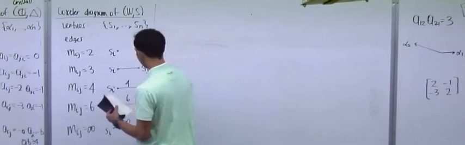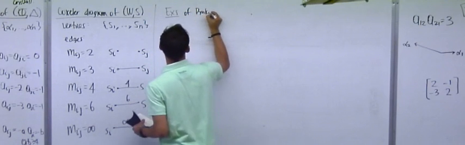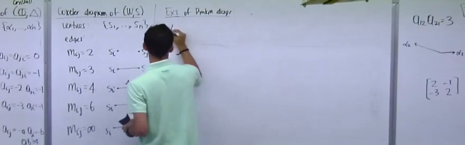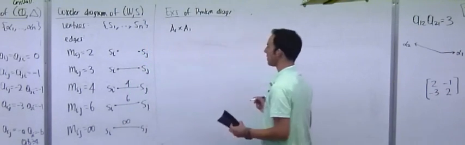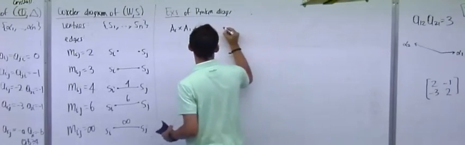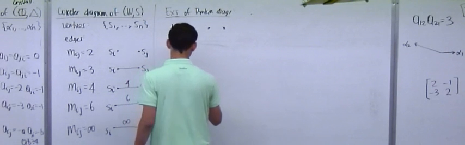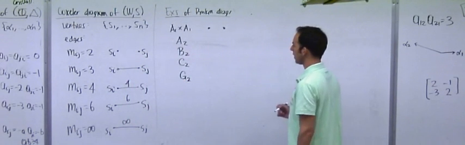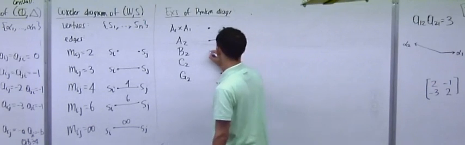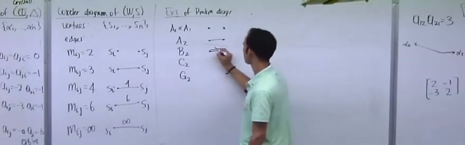So examples of Dynkin diagrams. Well, I just did a bunch of examples. So for example, A1 cross A1 looks like this. We talked about these examples, right? A2 looks like this. B2 was the case when we had a 2 there, and it looks like this.